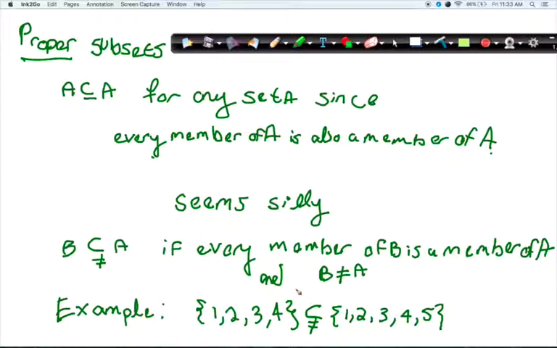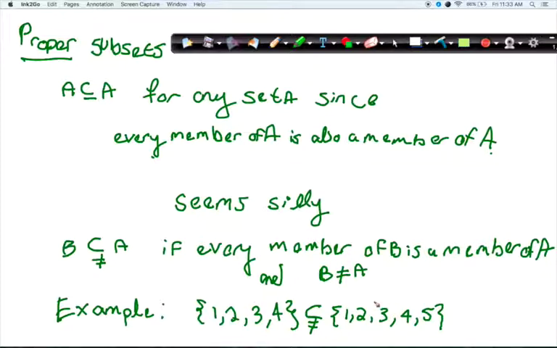So a quick example, we have here the set 1, 2, 3, 4, and it's a proper subset of the set containing 1, 2, 3, 4, and 5. Why? Look here, 1 is here, 2 is also here, 3 is also here, 4 is also here. So this set is a subset of this set.